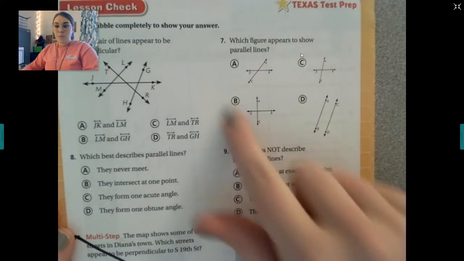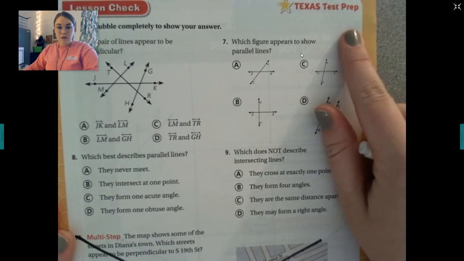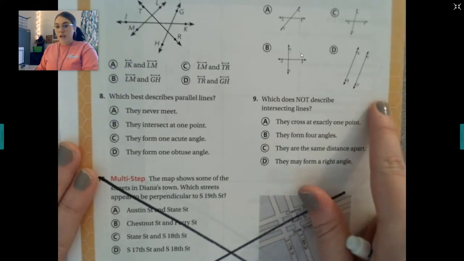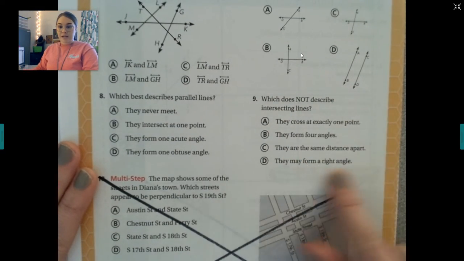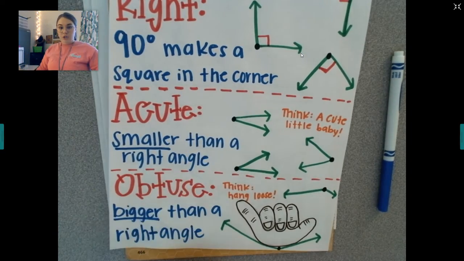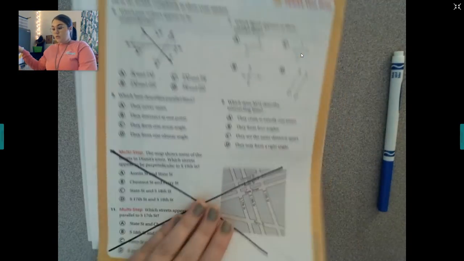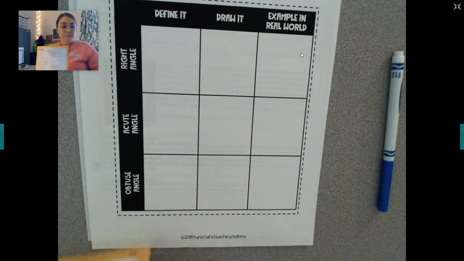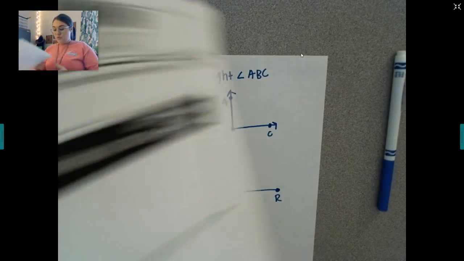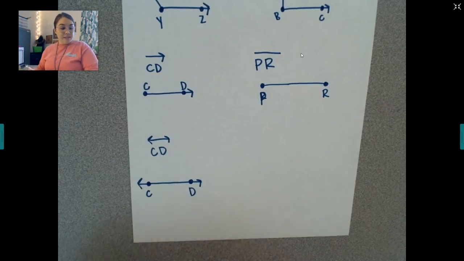You're going to show me which ones are parallel, which best describes parallel lines, and which does not describe intersecting lines. So I am going to post this anchor chart and the lines anchor chart right down below to help you out.